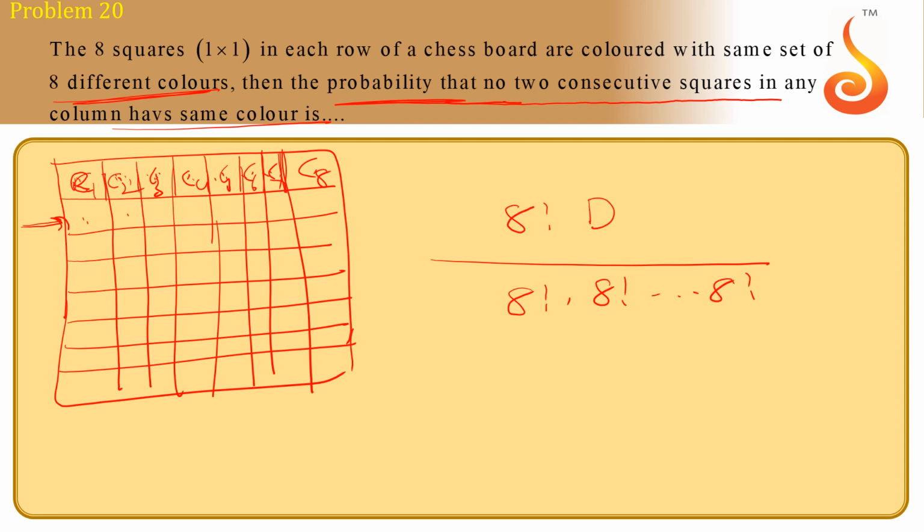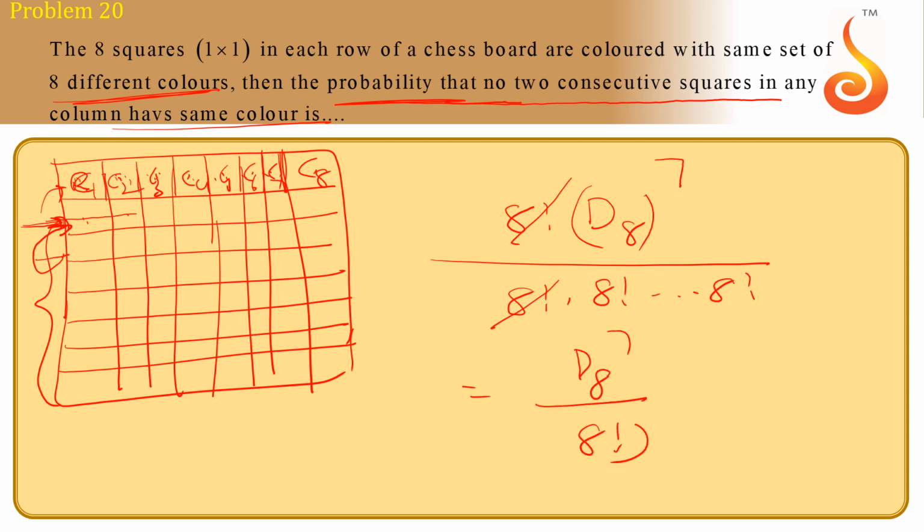So can I use the derangements of 8 things for the second row? Whatever the second row is painted, which is a derangement of the first row, then the third row will be a derangement of the second row, again D8. So for the remaining 7 rows, it will be D8 to the power of 7. So one 8 factorial gets cancelled. So the answer is D8 to the power of 7 by 8 factorial to the power of 7.